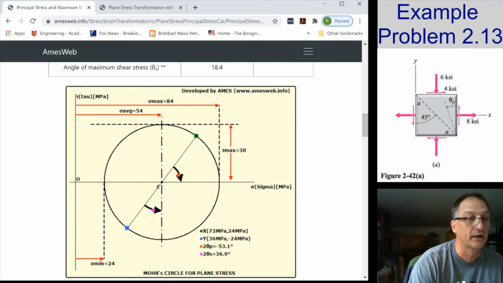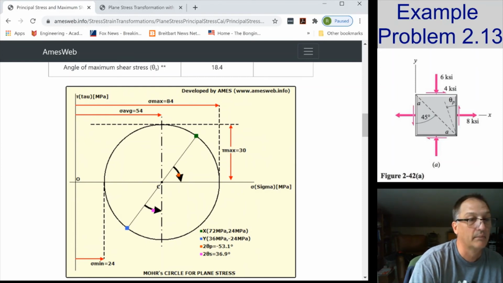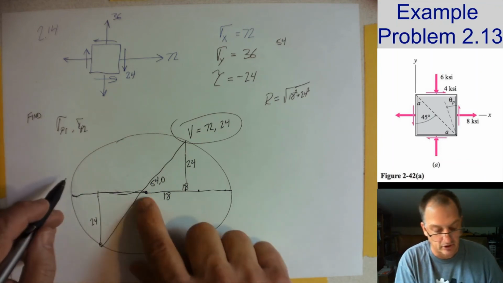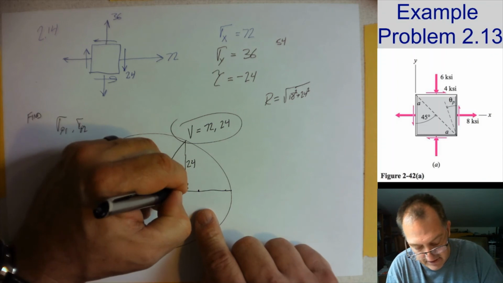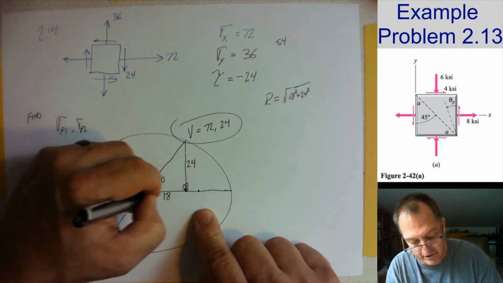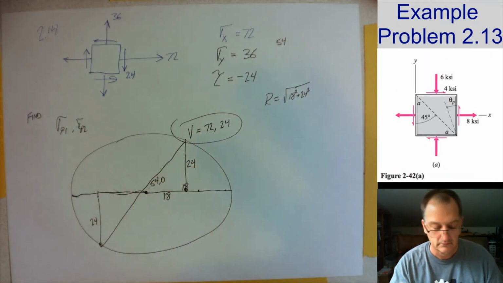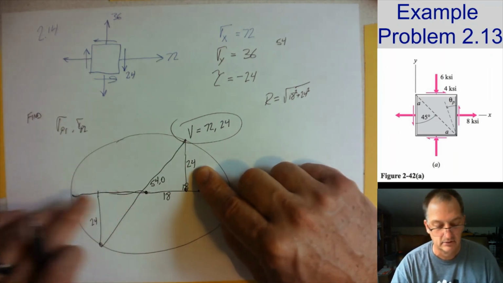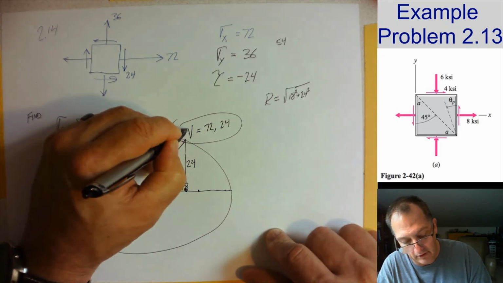I was drawing out my Mohr circle. I knew the center. I could put those lines in. This is 18 to here, so I knew that this was 3 lengths, and this was 4 lengths, right? Because if you divide by 6, it's a ratio 4 to 3 for that triangle. All right. And now that's my vertical axis.